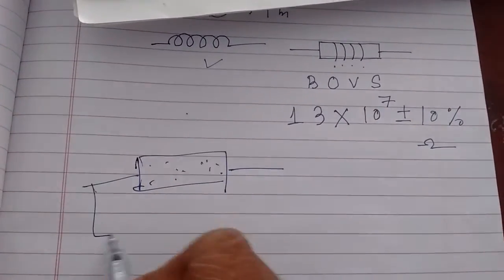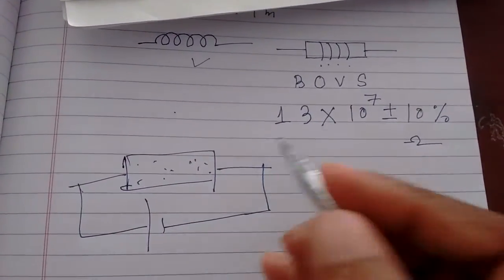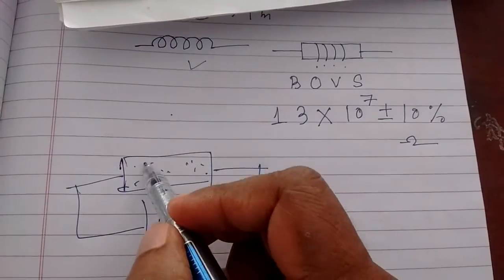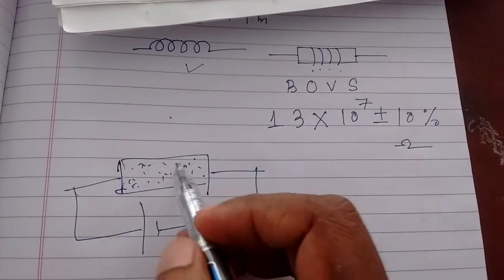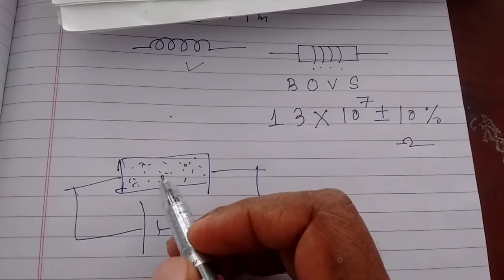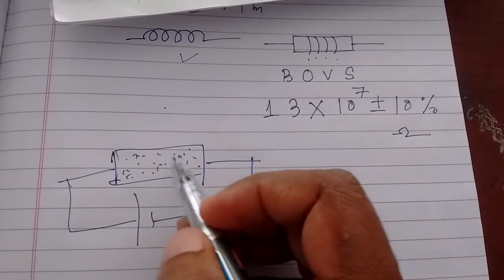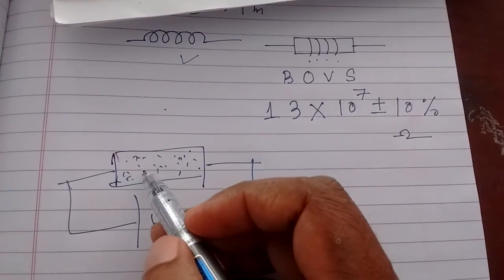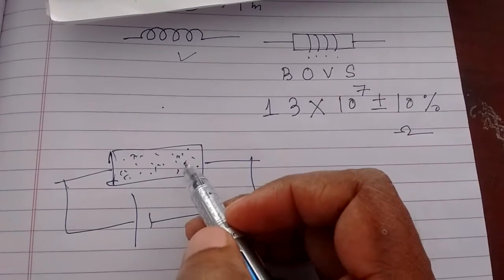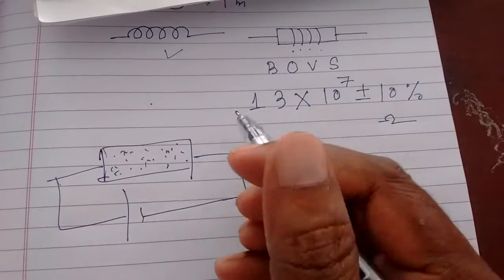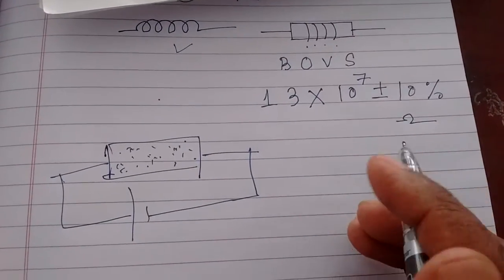If you apply a potential here, of course current will be there, but if you increase the temperature, there will be more number of free electrons generated, and because of more number of free electrons, the mobility of the electrons will decrease. Because of the continuous collision, the area will be crowded. That's why it will not be easy for the material to conduct current. That's why resistance increases, because of their concentration increase. Okay, this is the factor.